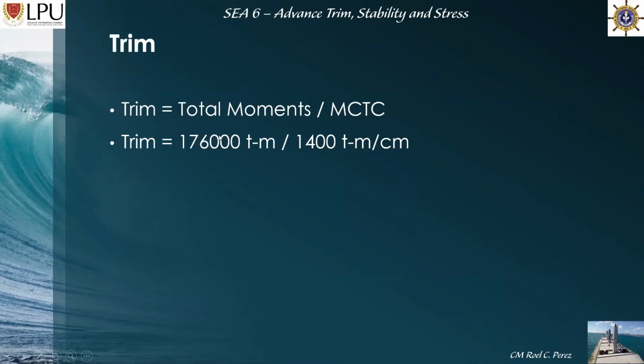Trim equals total moments divided by moment to change trim by 1 centimeter. So trim is 176 tons meter divided by 1,400 tons meter per centimeter. So the units cancel. The result would be in centimeters.